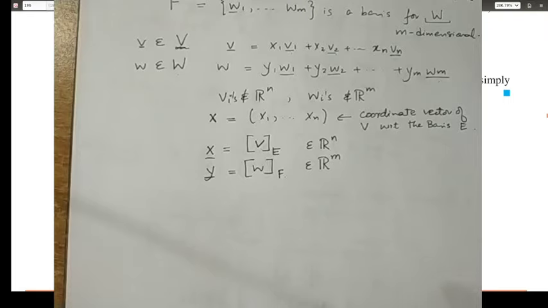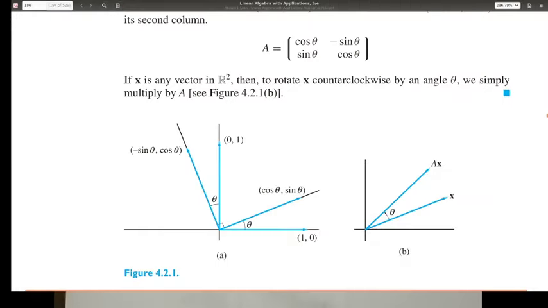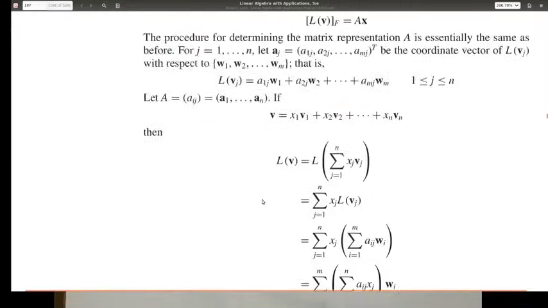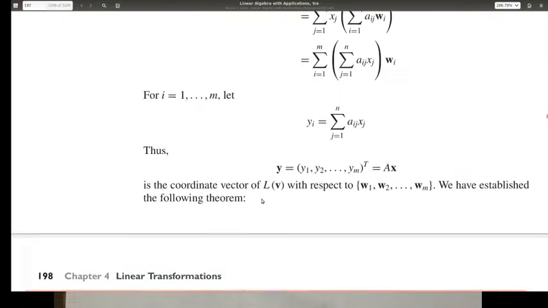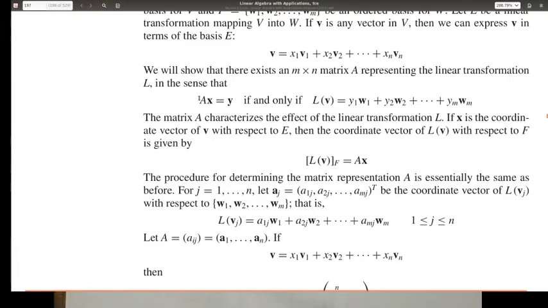Let's bring this up, and the theorem is, yes, here it is. The theorem says that Ax equals y if and only if L(v) is y1 w1 plus y2 w2 plus up until ym wm. What is it saying?